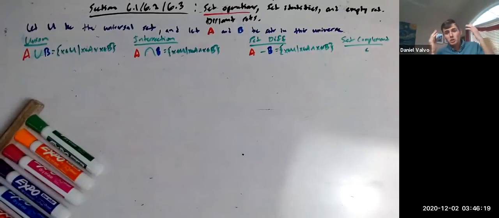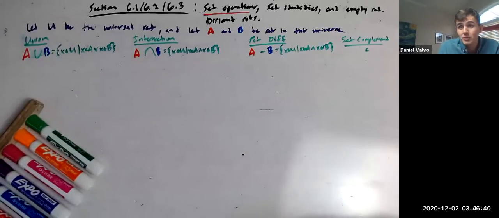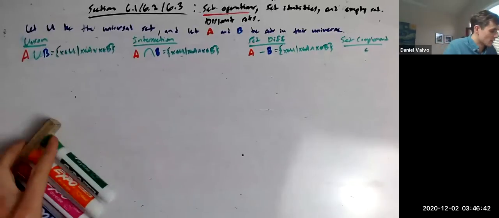I started talking about this last time: the very first thing we did in this class was talk about logical operations. We talked about what a statement was, then logical operations, ways to combine statements. Once we had logical operations, we talked about logical identities, ways that some statements were the same.